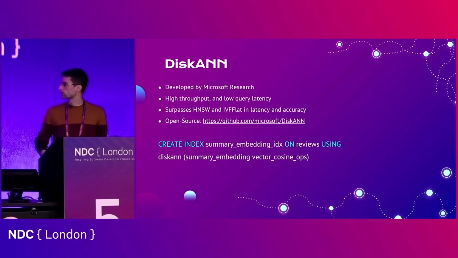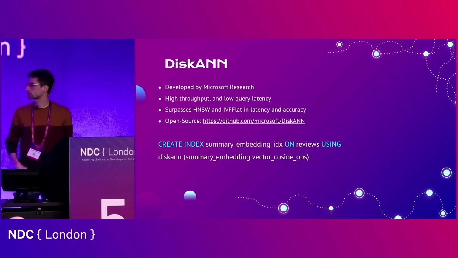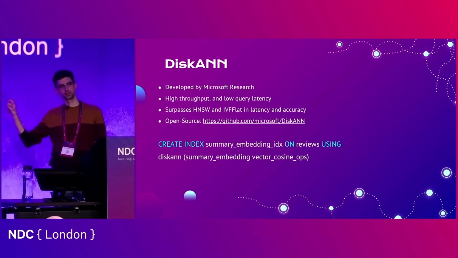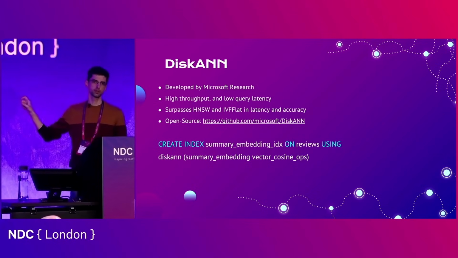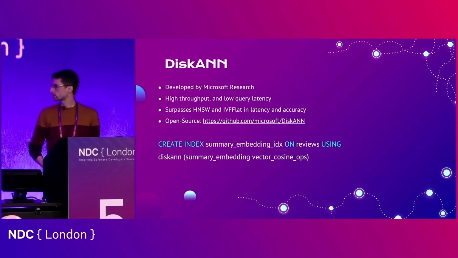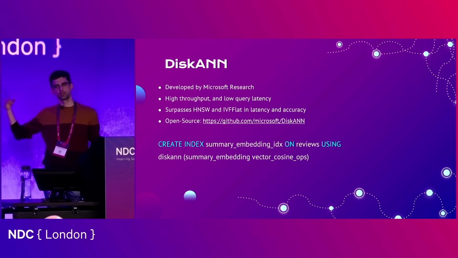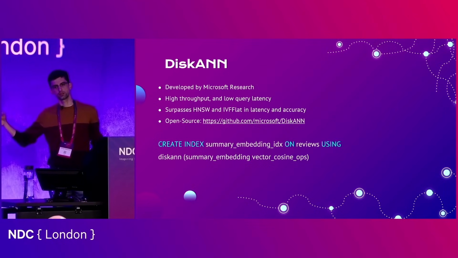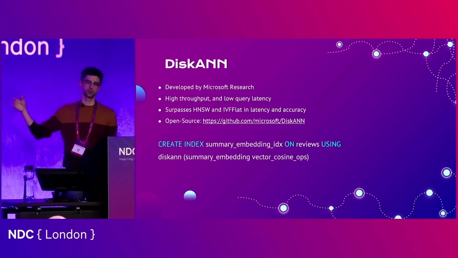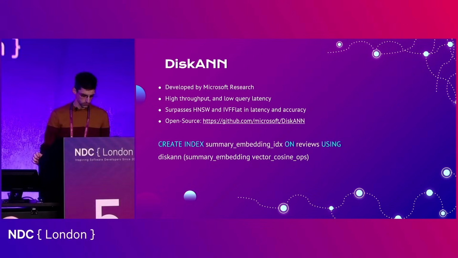It's available on Microsoft Azure for Postgres, so we can use this index to create the index on the vector embeddings that we have in the database. And then when we run vector search, the search will automatically use the available index in the database.